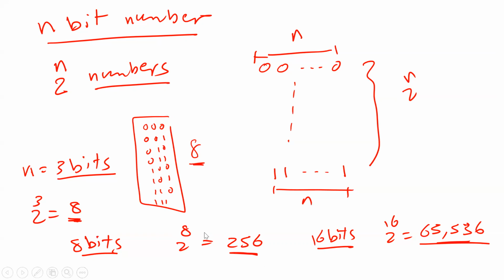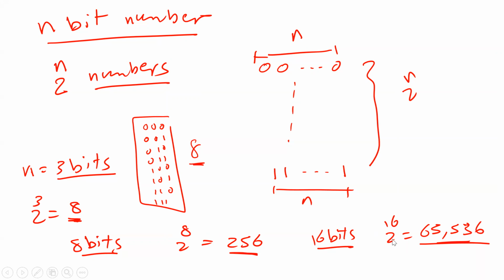Same thing. If you have an 8-bit number, in total I can have 2 to the power 8, which is 256 numbers. Is that clear? For 16 bits, how many different numbers can I have?